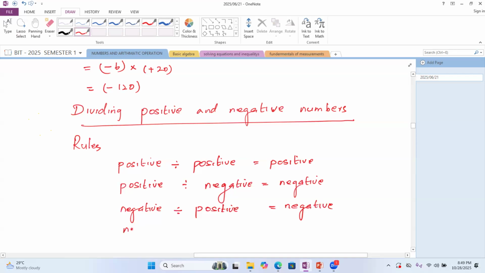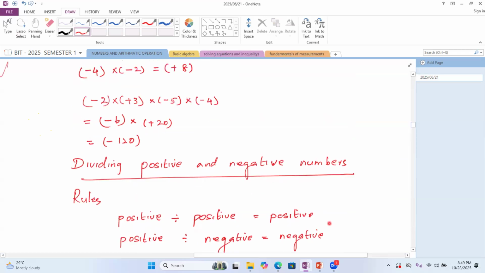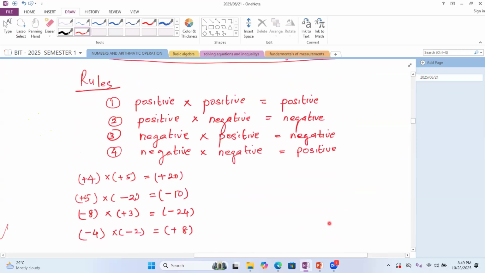Then negative divided by negative, so we get the result positive. So we should remember how to memorize these rules. For multiplication or division, the same rule.